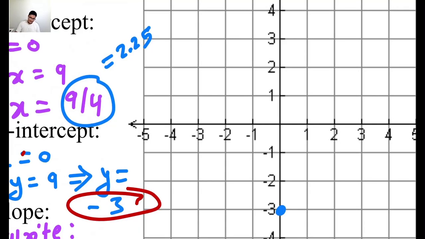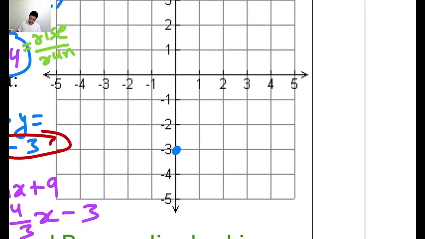So what I could do instead, look at the rise over run. Here again I will write rise over run. So 9 units rise, 4 units run.